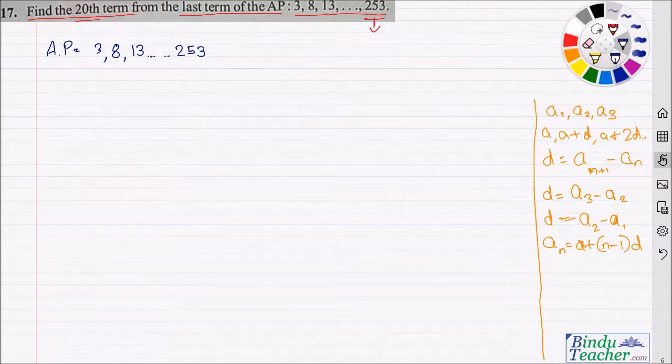Now let's use these formulas to solve. So first we are going to find out what is the value of n for the last term. We can find that by using the last formula that we wrote here.